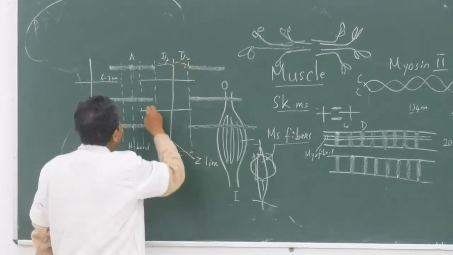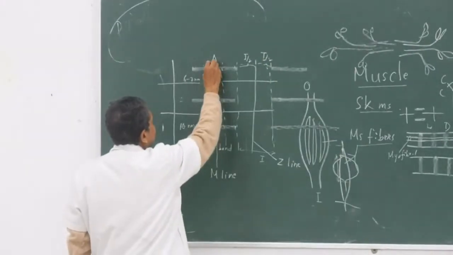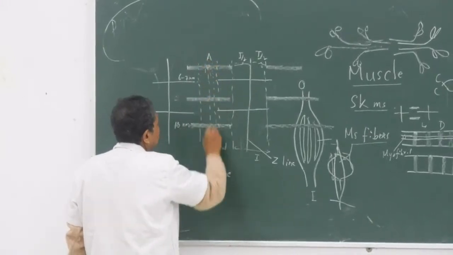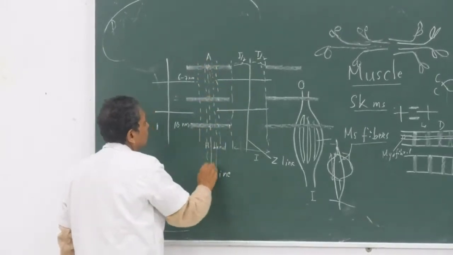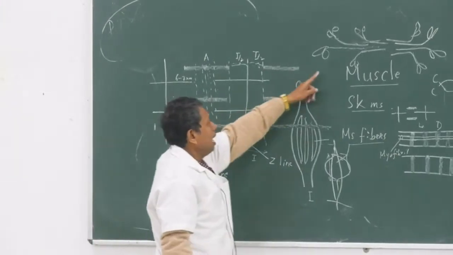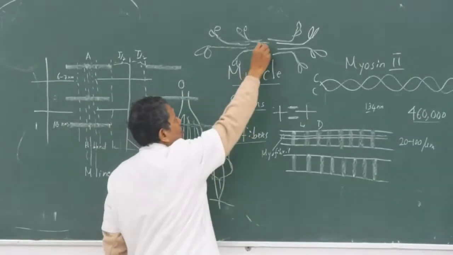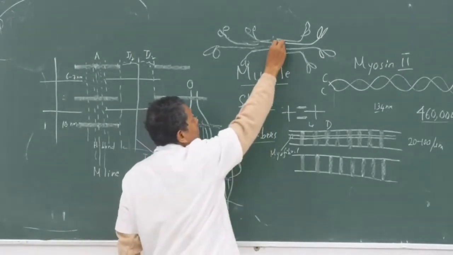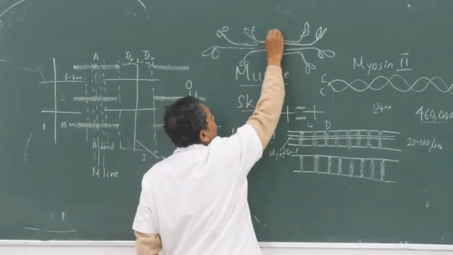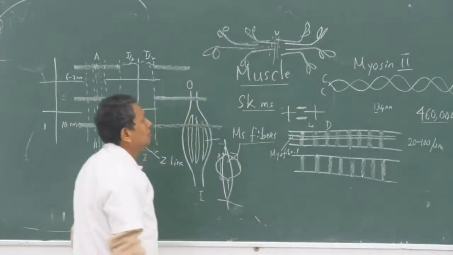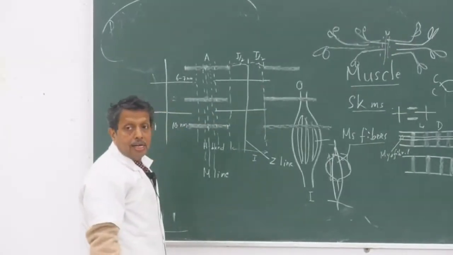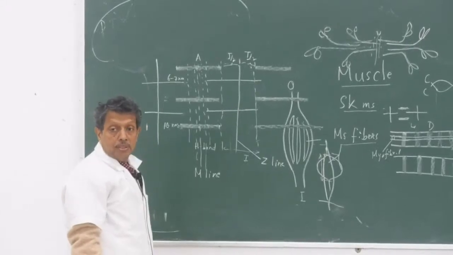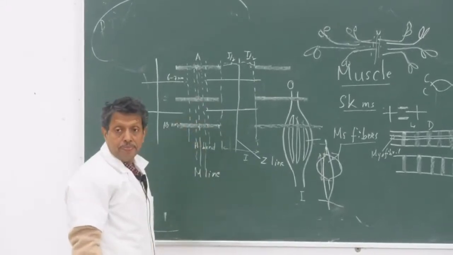Around the M line there is a part called the pseudo H zone, because these heads are absent here at the very center. 200, 300 of them come together to produce this thick filament.